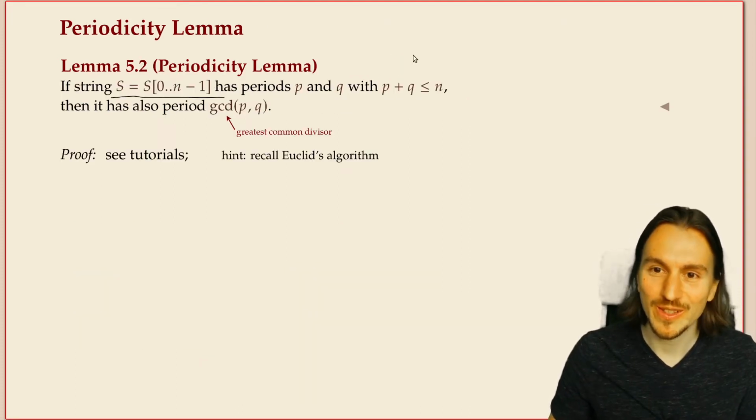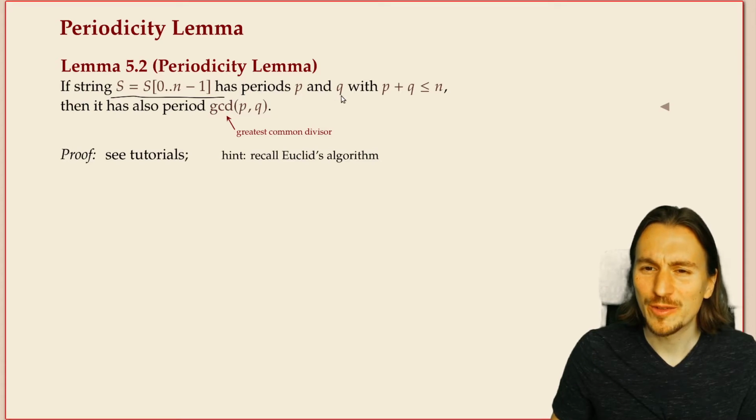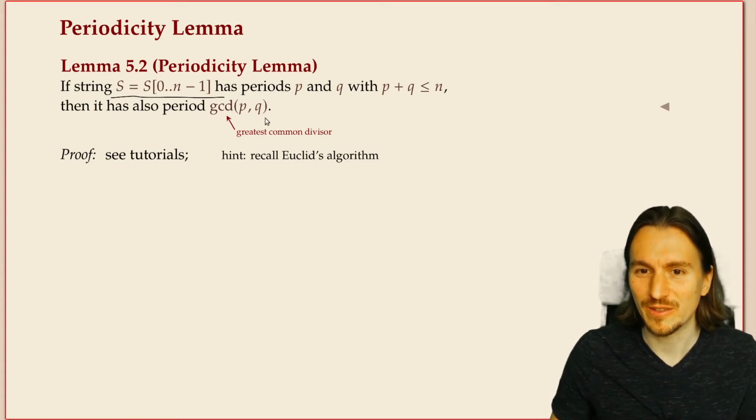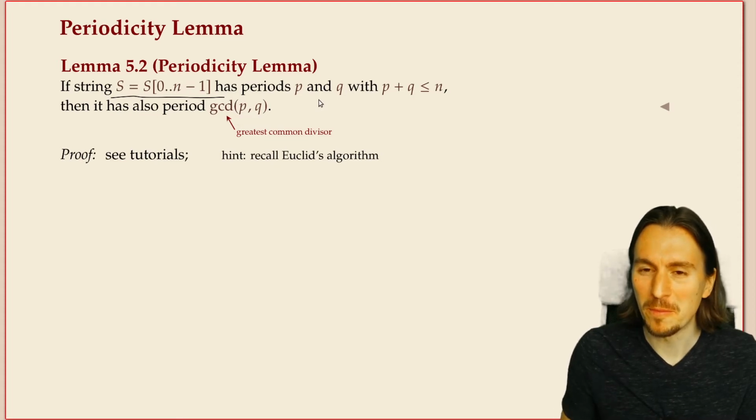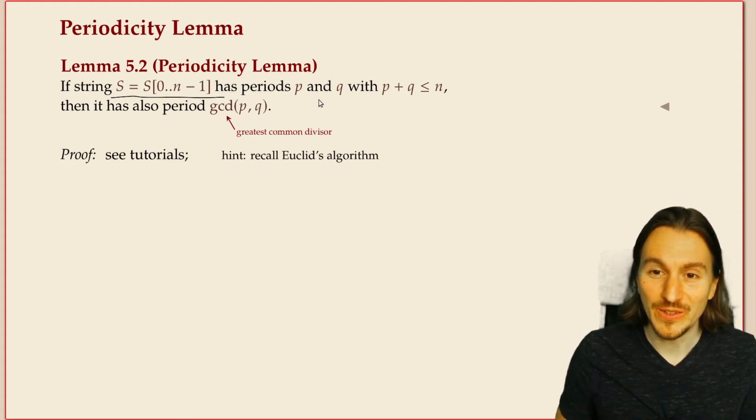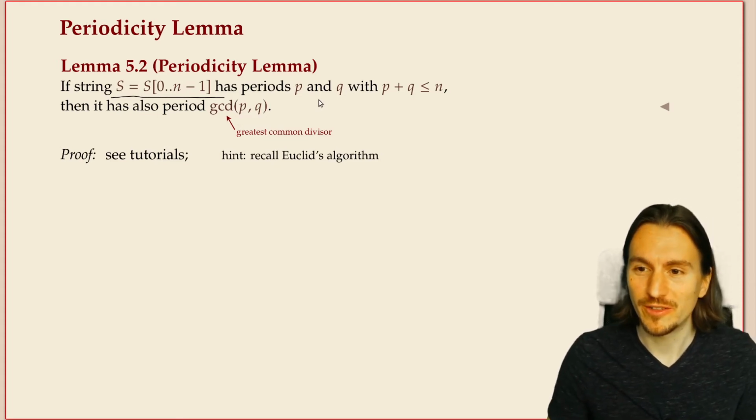So what this lemma tells you is if you have two periods and they're somehow related, and their greatest common divisor is not one of them, then you get a new, stronger period just automatically from this.